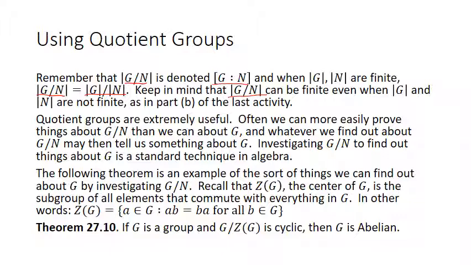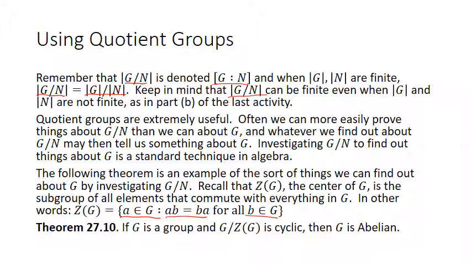The following theorem is an example of the sort of things we can find out about G by investigating G mod n. Remember that Z of G, the center of G, is the subgroup of all elements that commute with everything in G. In other words, Z of G is all of the elements A in G such that AB equals BA for all B in G. So this theorem, theorem 27.10, says if G is a group and G mod ZG is cyclic, then G is abelian.